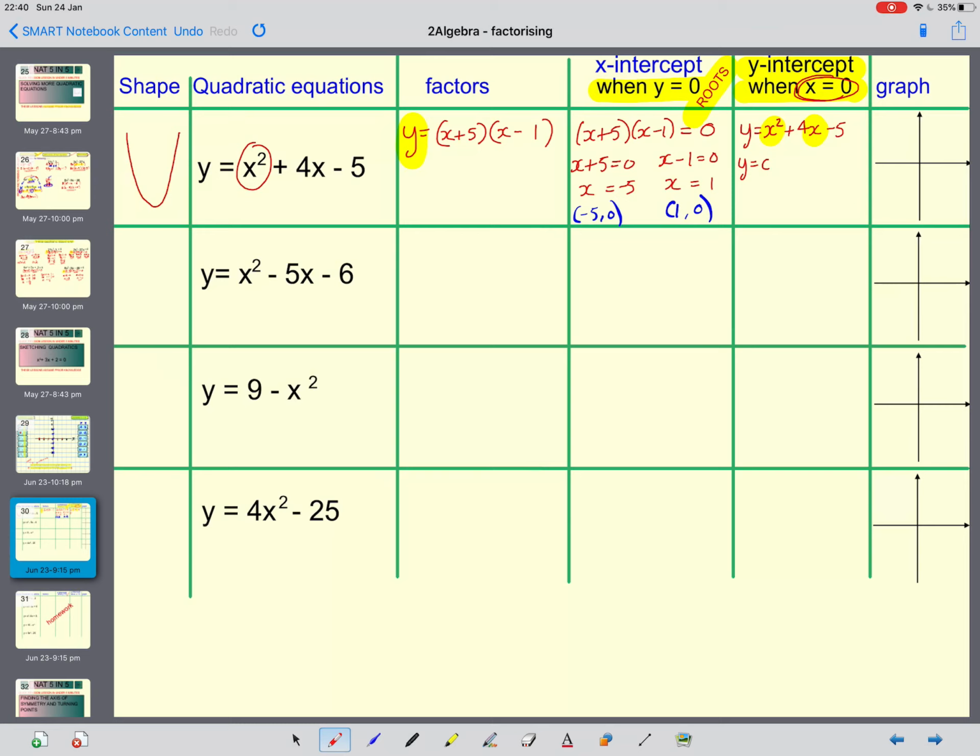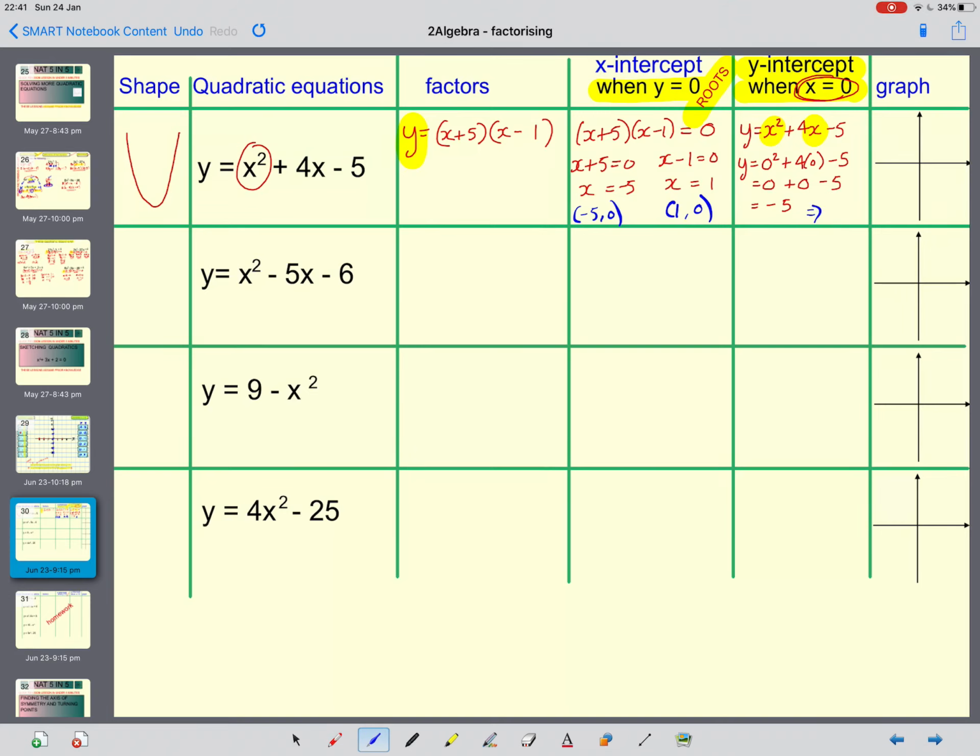I'll just do the long way so you can see, it's going to be 0 squared, add 4 multiplied by 0, take away 5. Now 0 squared is 0, 4 multiplied by 0 is 0, take away 5. So your final answer is negative 5. You don't really have to do the long step there, I'm just showing you what's happening. You can substitute 0 almost in your head and you'll know that the y must be negative 5.